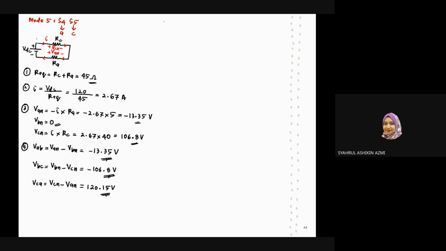So you're going to do mode number 6, the last mode. For mode number 6, we have S5 and S6.